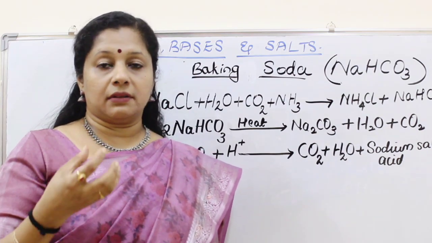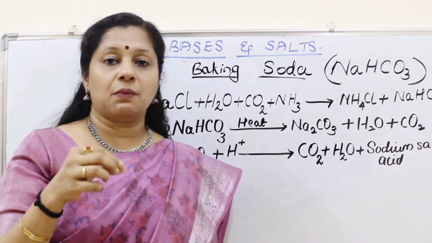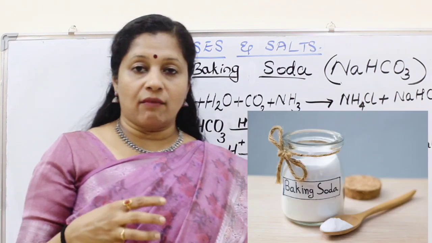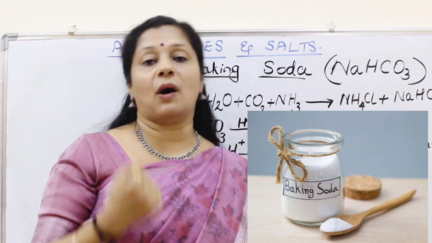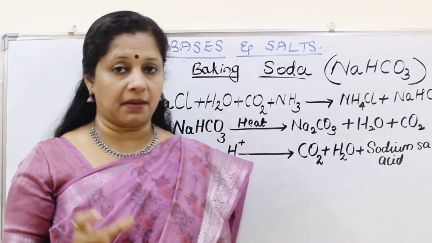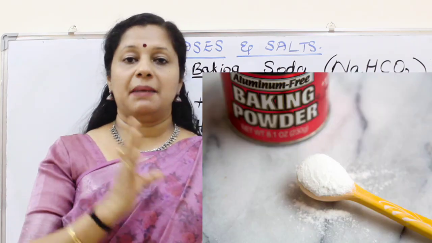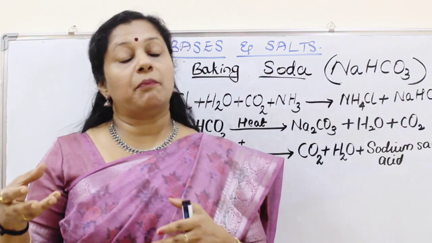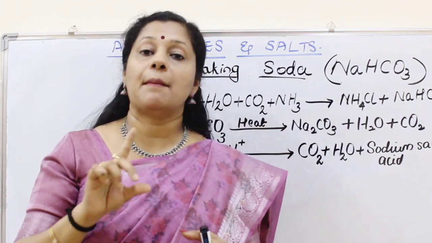So our cake and bread and all, if we simply add baking soda, it will have some soapy or bitter taste. So to avoid that, instead of baking soda, we use baking powder. So baking soda and baking powder are slightly different. Remember, baking soda is a white powder, baking powder is also white, but baking soda after cooking will produce sodium carbonate, which will produce a bitter taste. So to avoid that, we are using baking powder.